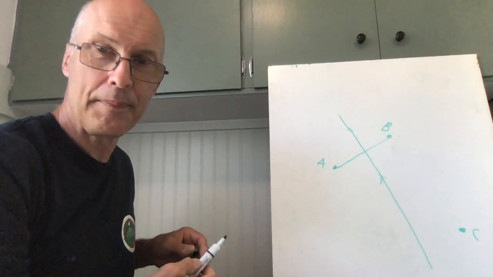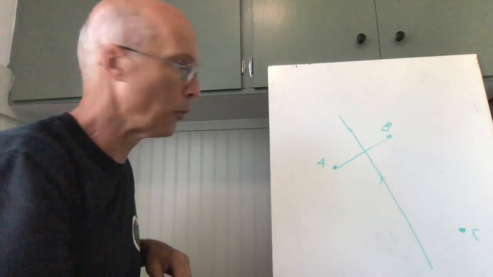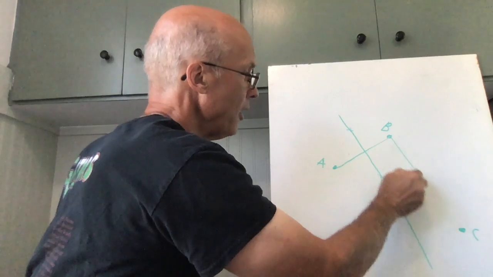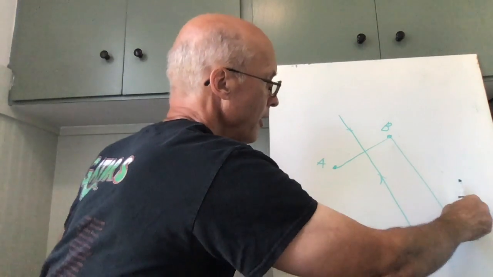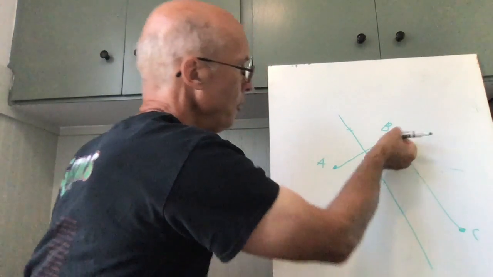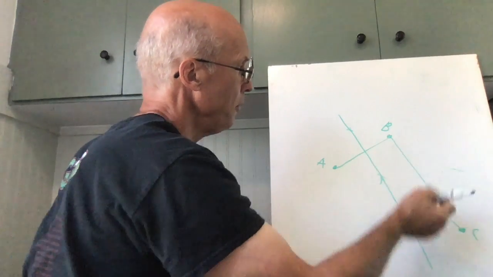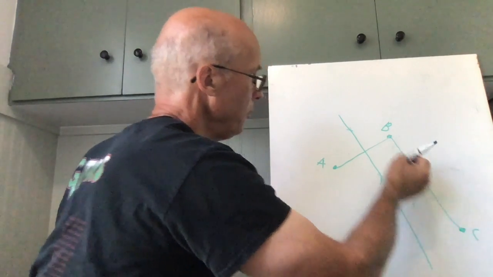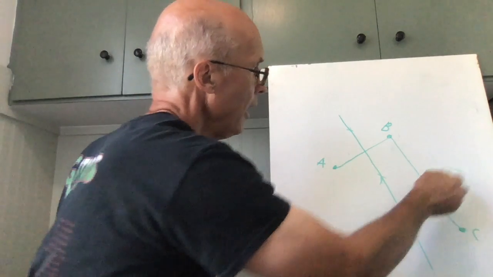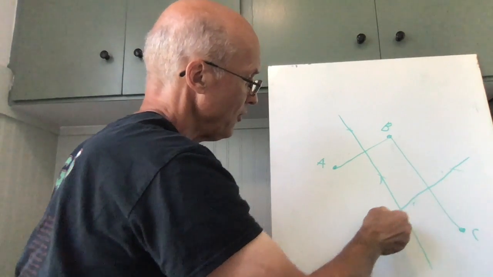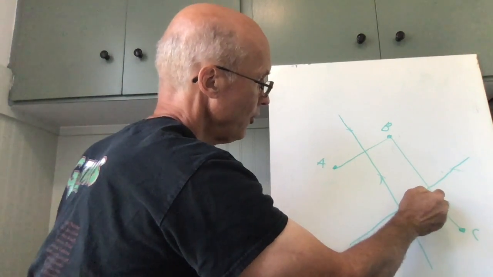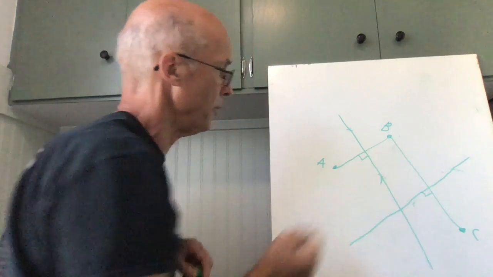Do you remember that? I can't remember what chapter we did that in. It was a while ago. Do the same thing here. Draw a line, reach out, boom, reach out the same distance, boom, and then you draw the perpendicular bisector of those.